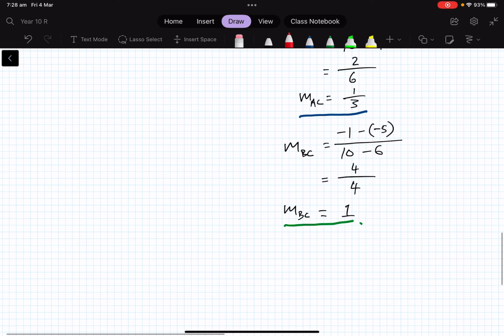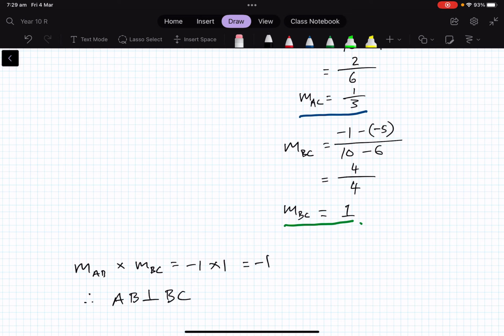because here's the reason. The gradient of AB times the gradient of BC is equal to -1 times 1, which is equal to -1. Therefore, AB is perpendicular to BC. That's the perpendicular sign. I'm going to put a little arrow here. Perpendicular to, that's what that means.